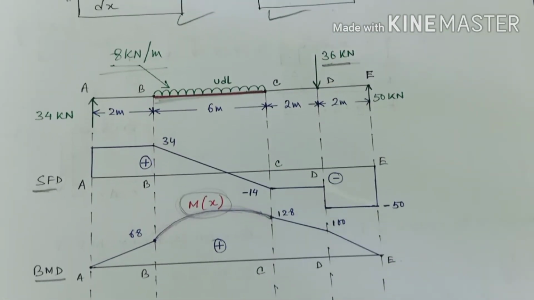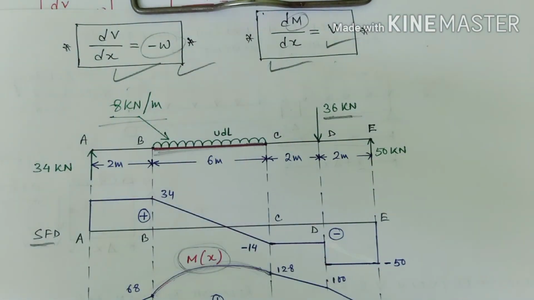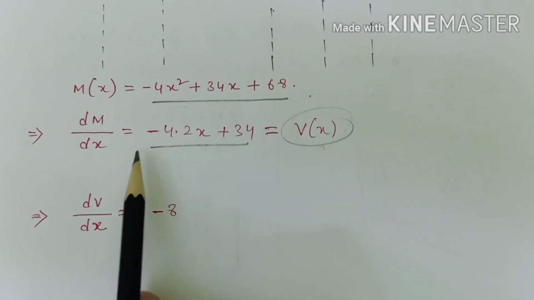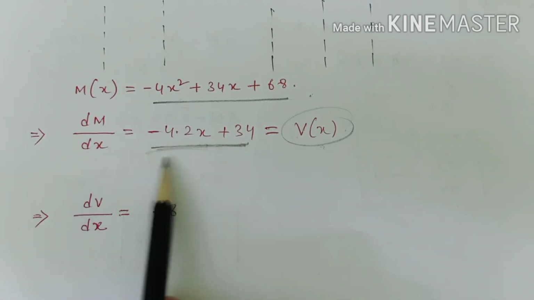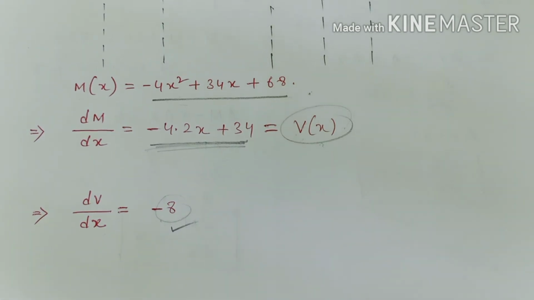If we differentiate the shear force, then we will get the load, right? Differentiating this equation, that is dV upon dx, we are getting the value -8. Guys, let's not focus on this negative sign, just focus on the magnitude, that is 8.